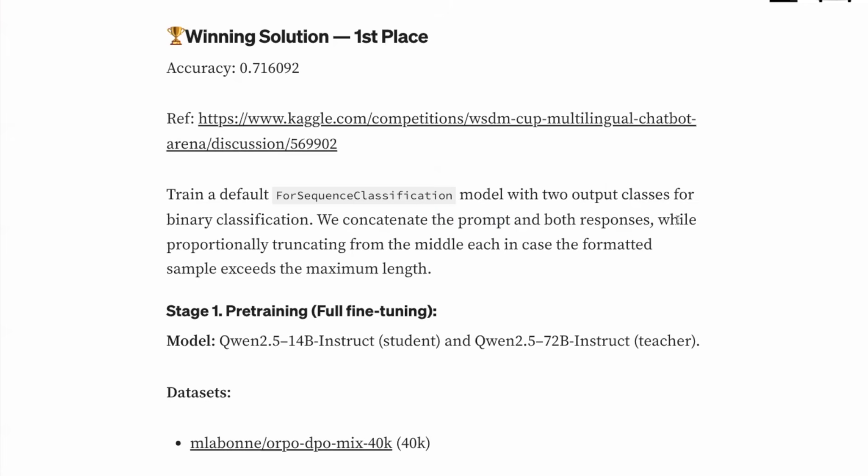Some responses may be too long, so they also truncate from the middle in case the sample exceeds the maximum length. They do an equal truncation to keep a fixed length for both of the responses, and then concatenate them together as the input to the classification model.